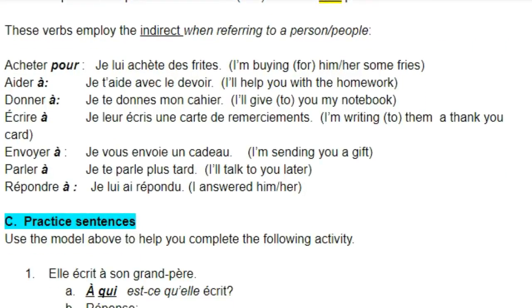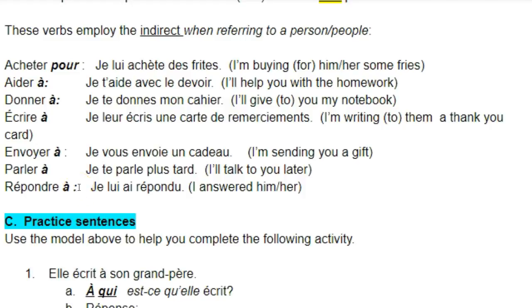And there are certain verbs in French that use the indirect specifically. So let's take a look at that list. Acheter pour, aider à, donner à, écrire à, envoyer à, parler à, répondre à.